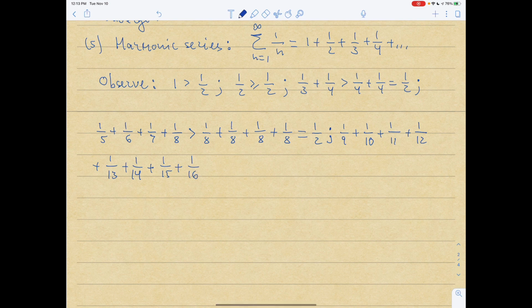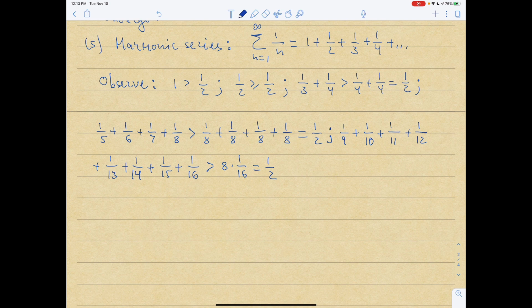And in this sum, every term is greater or equal than 1/16. So overall, the sum is going to be bigger than how many 1/16s? There are 8 of them. So this should be greater than 8 times 1/16, which is actually 1/2.